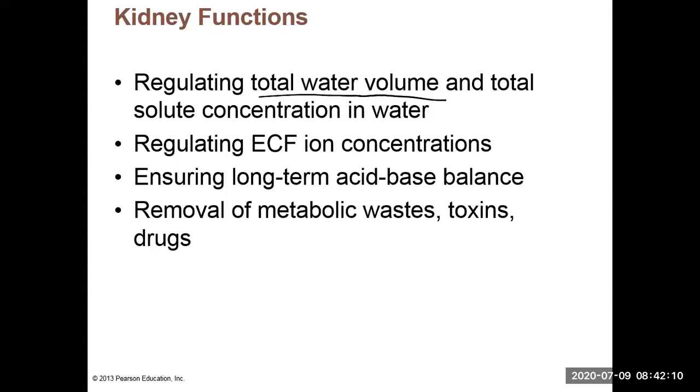be more concentrated. So solute concentration, these are mostly referred to as the ions. We have a lot of ions in our diet. They get absorbed in our small intestine going into the blood, right? But we may not need so many different types of ions. But these ions need to be balanced. Say, for example, in your meal there is a lot of sodium chloride.